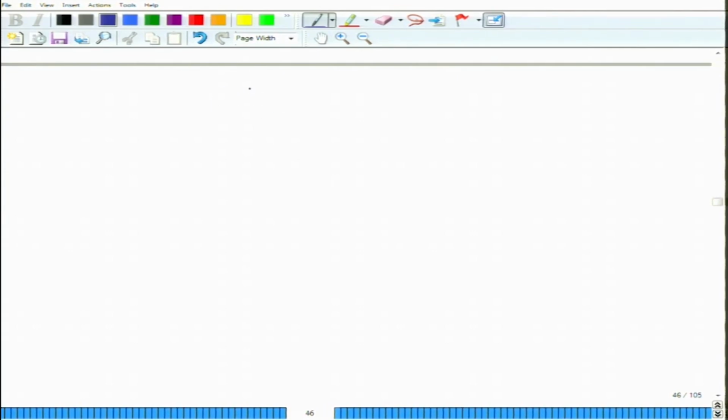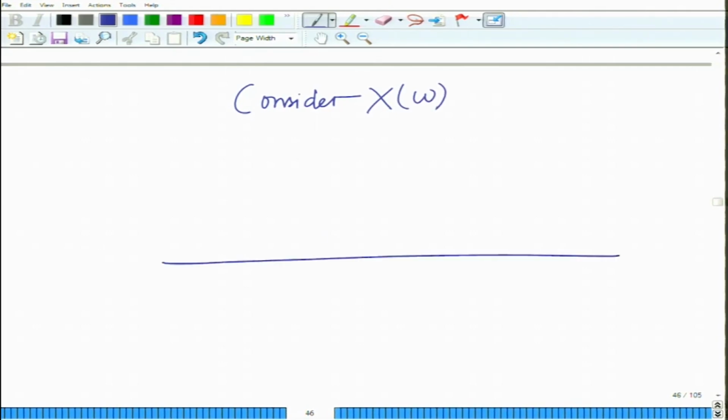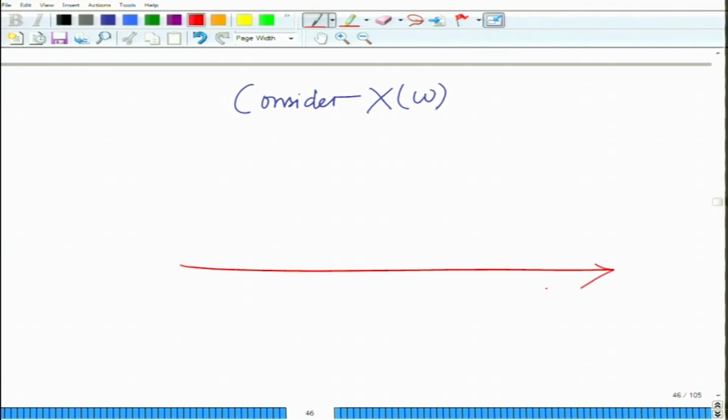Consider X of omega given as shown below, let us say we have a maximum spectrum that looks something like this.